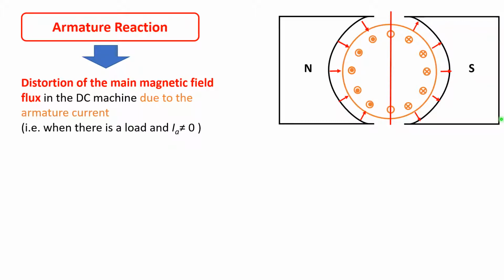So the distortion in the magnetic field would mean the magnetic field is bunched up, or there's more magnetic field at the top on one side and the bottom of the other side, and there's less magnetic fields due to the subtraction of the magnetic fields on the other sides.